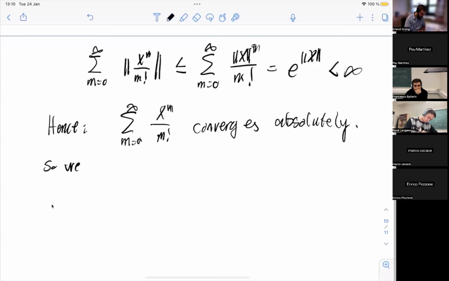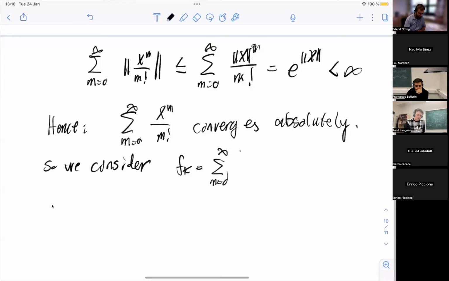So we consider f_k equal to the sum from m equals 0 to k of x^m over m factorial. These are continuous because, no, sorry, this should not be the absolute value.